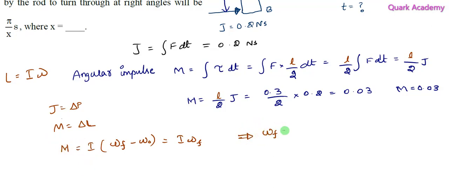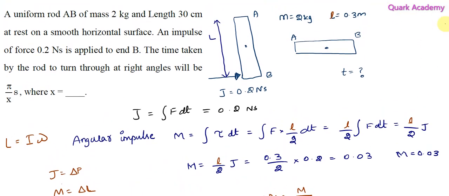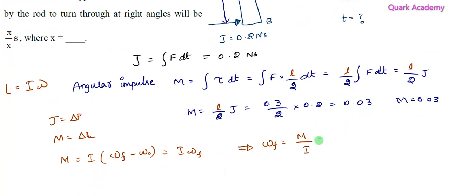So this omega f, final angular velocity, can be written as angular impulse divided by moment of inertia. Here, for this rod and about this axis of rotation, the moment of inertia is going to be mL squared by 12. So this is M, angular impulse. This is mL squared by 12.